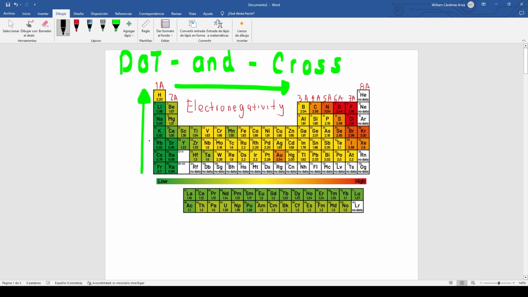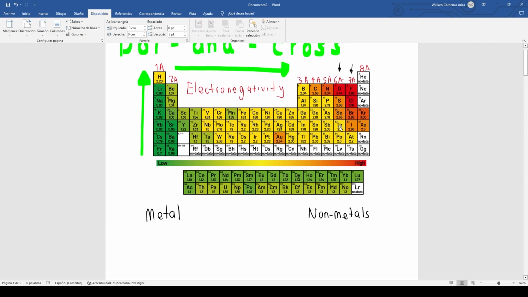We can say that group 1A and group 2A are metals, and elements in group 7 and group 6 are non-metals. And remember that an ionic bond will be formed between a metal and a non-metal. This is ionic. And remember that covalent will be formed only in non-metals.